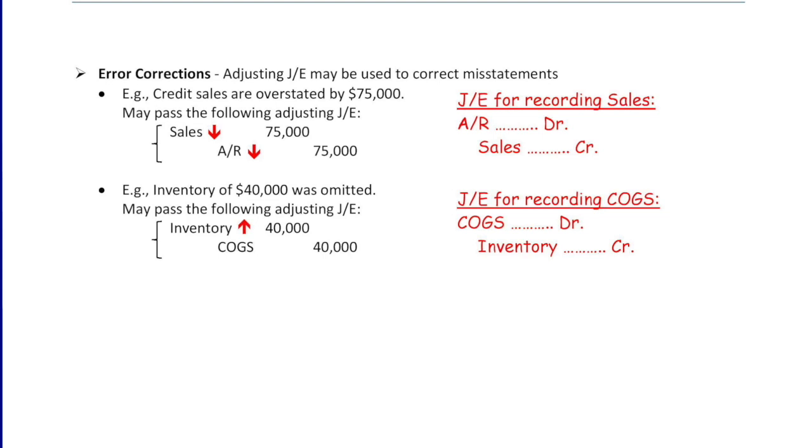And the adjustment, the other side of that journal entry would be COGS, where you credit COGS by $40,000. As you credit COGS, it sort of reduces the cost of goods sold on the income statement. So these are a couple of examples that you could use to correct errors, and we call these adjusting journal entries.